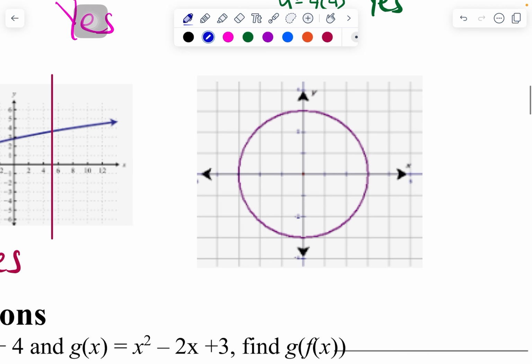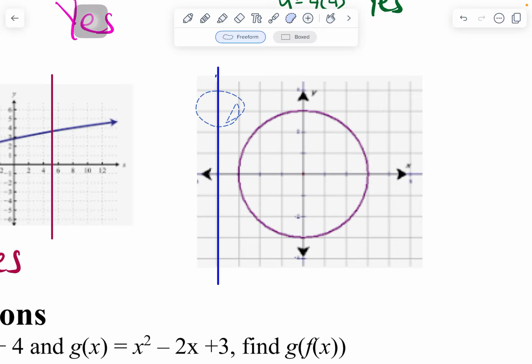Yep. This is a lovely circle. All right, and we're going to draw a vertical line just like the last couple of problems. I don't think my vertical line connected, so hold on a second. Let me delete that. A little glitch in the center there. All right, there we go. So I'm going to go ahead and pick this line. Now, here's the thing with the vertical line test. You could stick it right on the edge of the circle and say, oh, look, there is just this single point of intersection.